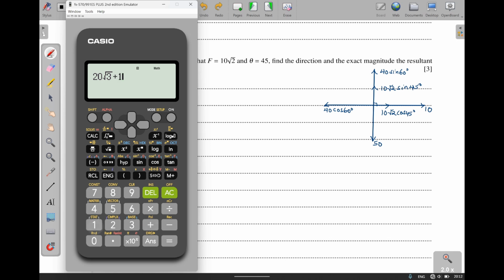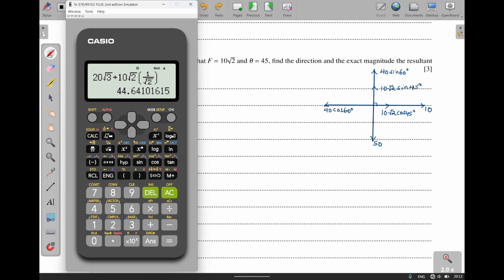How about when I add 10 root 2 and then multiply that by sine of 45, which is 1 over root 2? Of course, that root 2 goes. So we have 44.6, which is less than the 50.